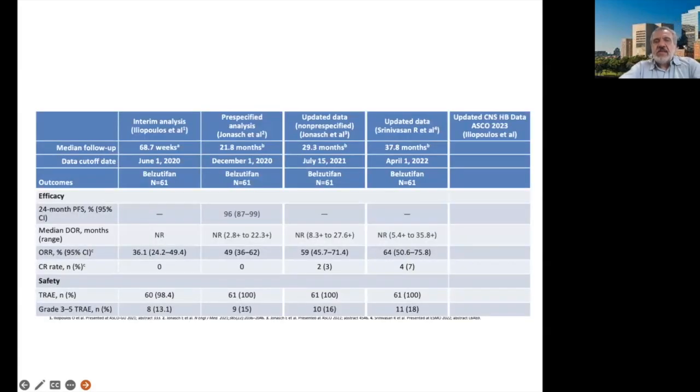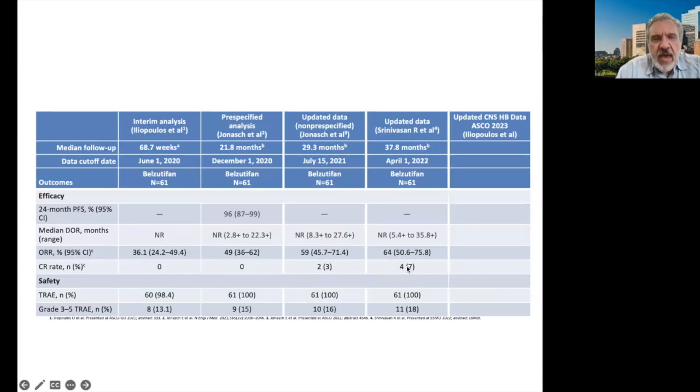What are the results? So let's look at the results. These are different time points at which we studied the results, and we jump to the latest one, which is in April 2022, about 3 years after being on the medication. The overall response rate for renal cell carcinoma is 64%.